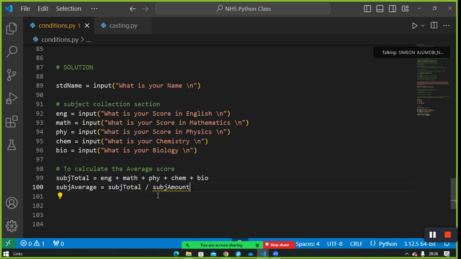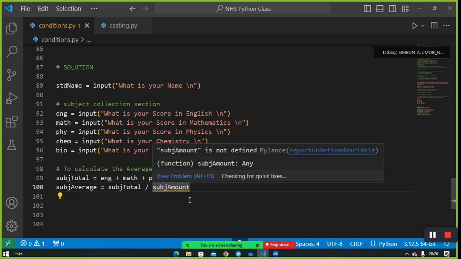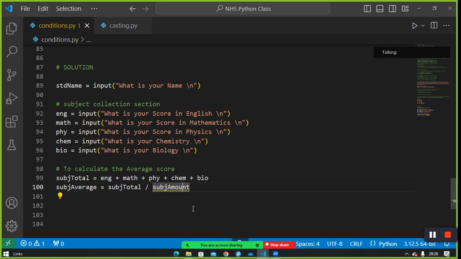And Python will pick the number of subjects that we have here, and it will drop it here automatically. So the more the child keeps adding more subjects, the more the subject amount keeps increasing. Do you understand that, guys?